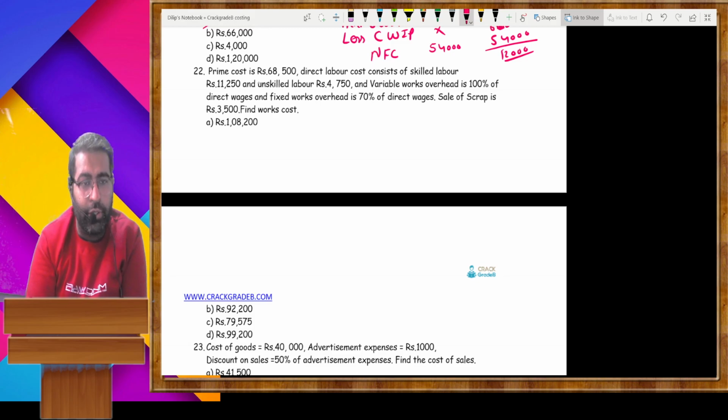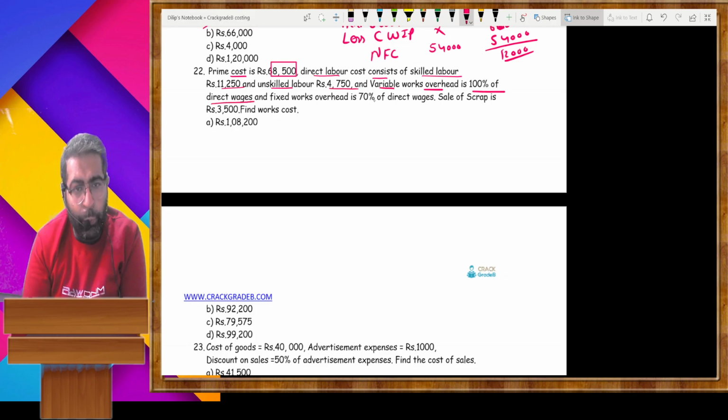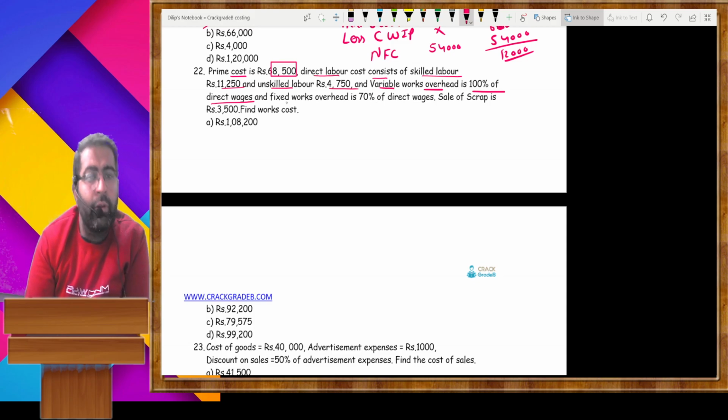Another important question. Prime cost 68,500. Direct labor cost consists of skilled labor 11,250 and unskilled labor 4,750. Variable works overhead is 100% of direct wages.